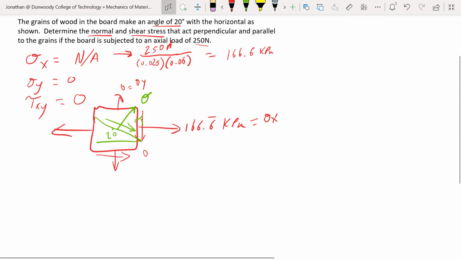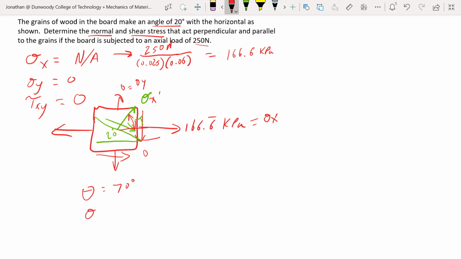Take a look at our segment here. I just drew that a minute ago. This is going to be our x prime direction. Theta is from the horizontal, right, to this x prime axis. So theta is going to be 70 degrees for this problem.